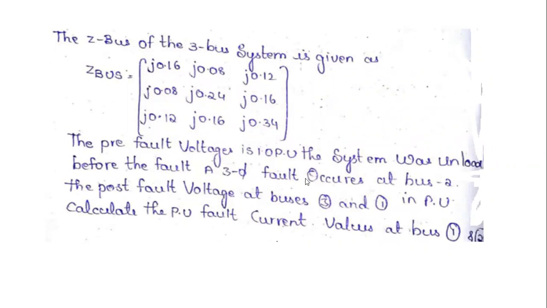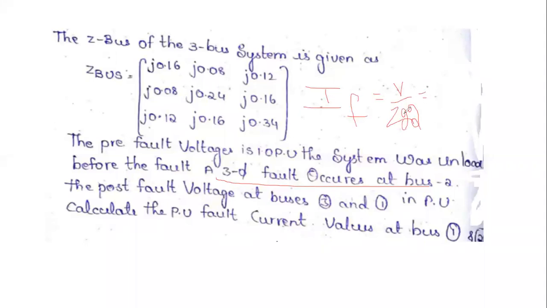Why? Because we are calculating IF at Z22, which means the 3-phase fault occurs at bus 2. That is the reason when we are calculating the IF current. Therefore IF is equal to V by Z22, because we are calculating the fault current at bus 2.